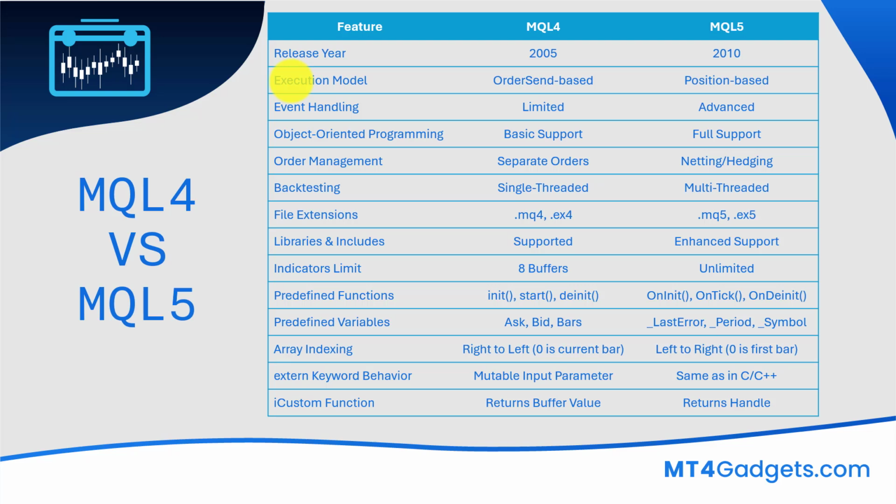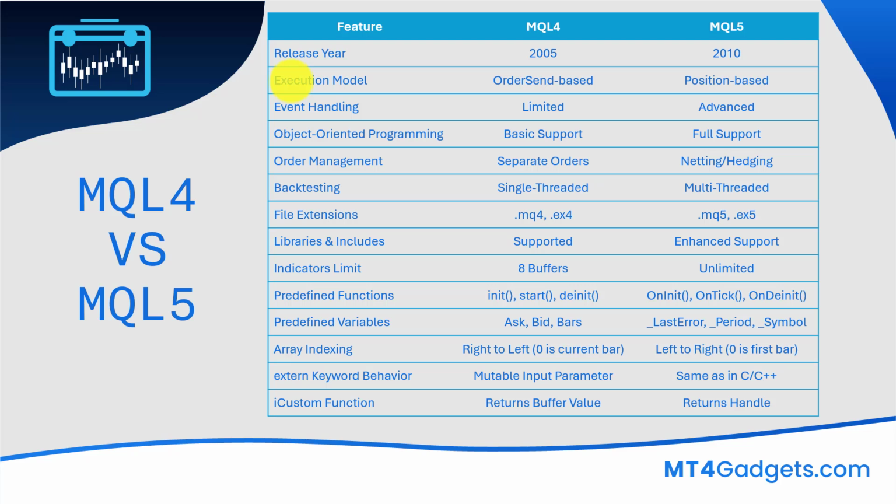Moving on, for predefined variables, the naming convention or the syntax is slightly different, with MQL4 just using words, while MQL5 also adds an underscore. And here the documentation comes very handy to understand all of the different predefined variables available.